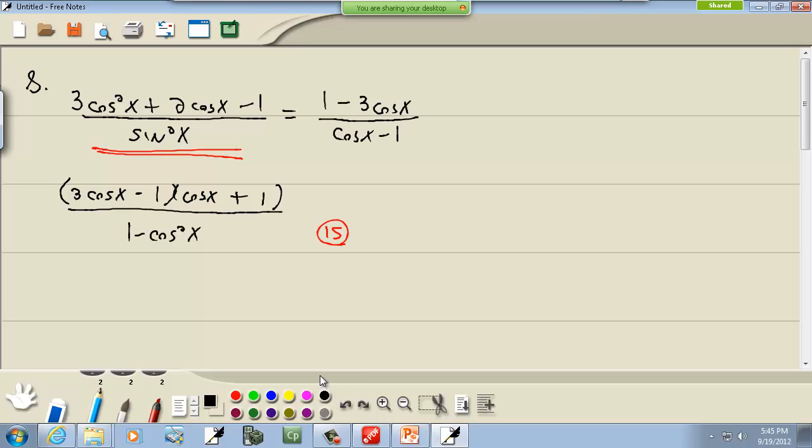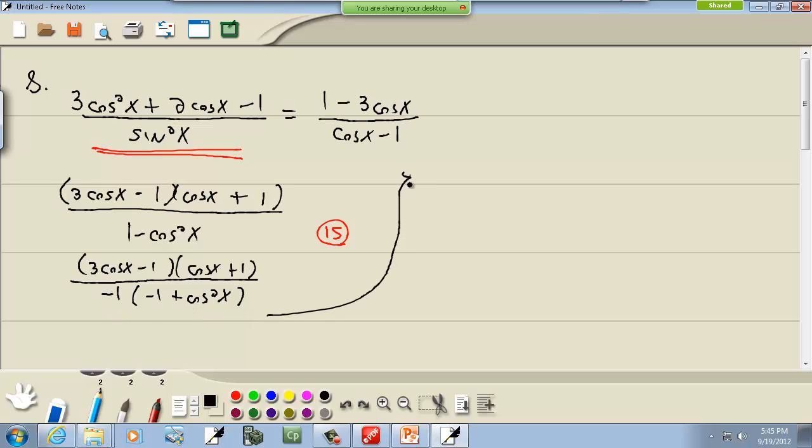Now I can factor a negative out of the bottom part, and that gives us negative (cosine squared minus 1).